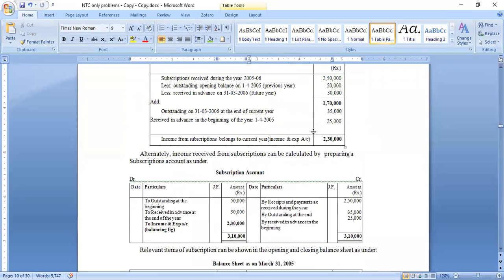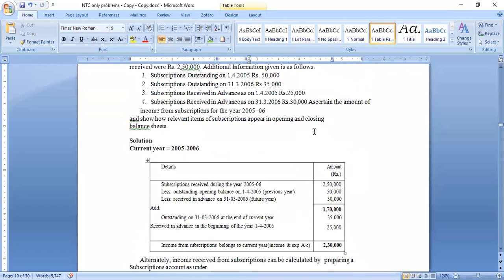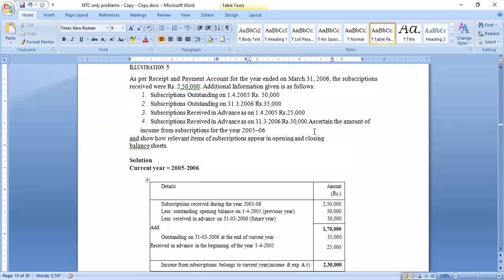The items, the transactions belonging to 2005. So subscription outstanding income, 2005, it is 50,000, and advance in 2005, 25,000.